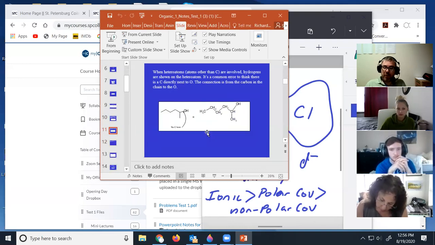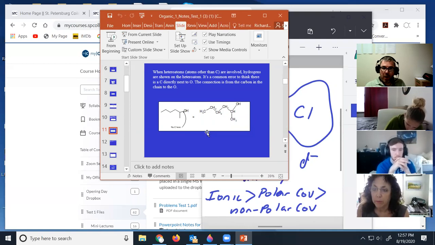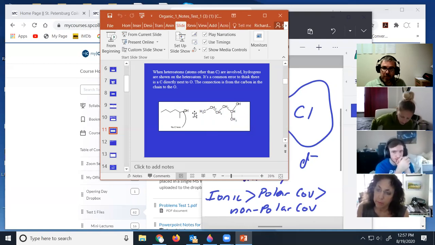That is if we've got what's called a heteroatom. A heteroatom is something other than hydrogen or carbon. So if you've got an OH here, then we've got a bond from a C out to an O, and that is expressed as a line from the C out to the O. There's no carbon at the end of that line.